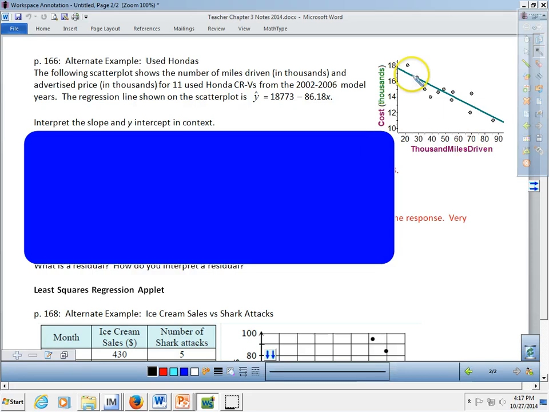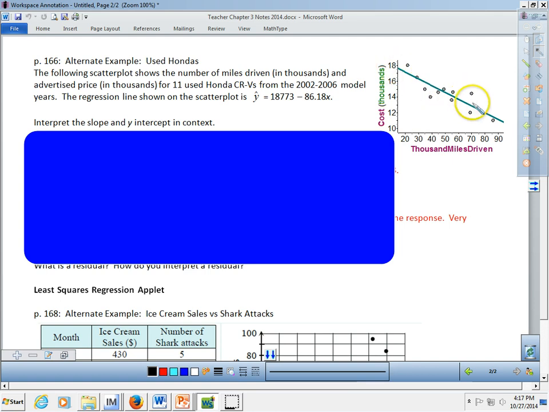And so we have our data here. These points are actual cars. You actually went out and found these cars. There's a car that had a little less than 40,000 miles on it and was right around a $14,000 price tag. So that's an actual car.